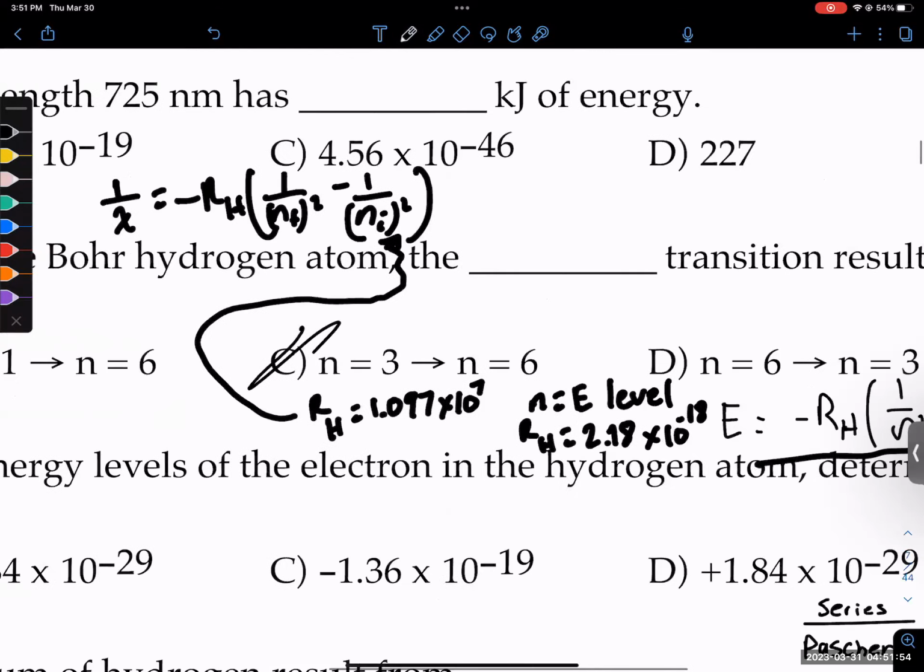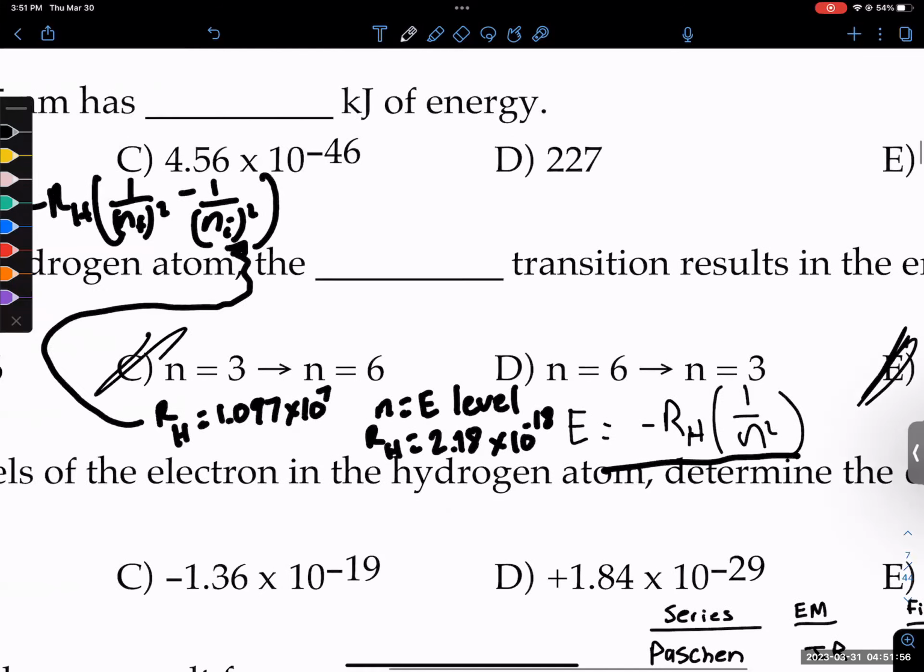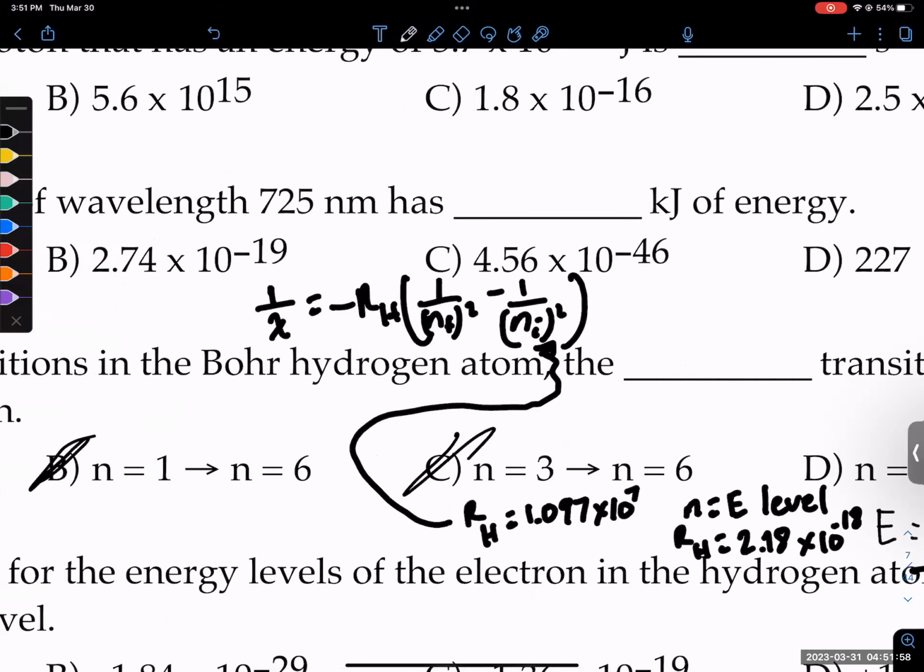The equation says negative RH, so that means the RH is positive. No, the negative sign is in the equation, so you make it negative in the equation. So it's negative if you do n final minus n initial.